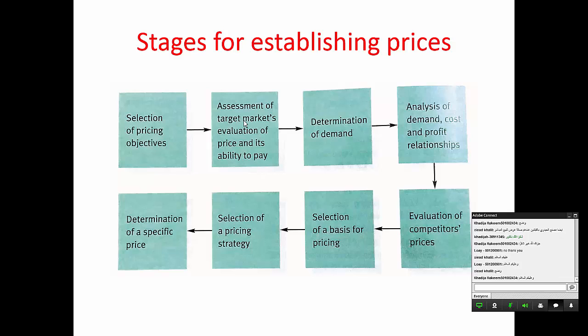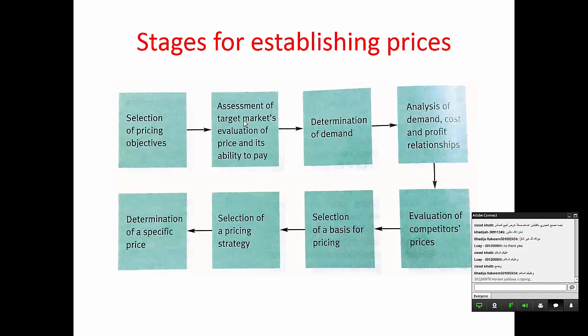When you want to make a price for your products, you need to do market research and ask the consumers whether the price is good, high or low, and based on the consumer's perception about the price, you will put the best price that's good for the consumers.